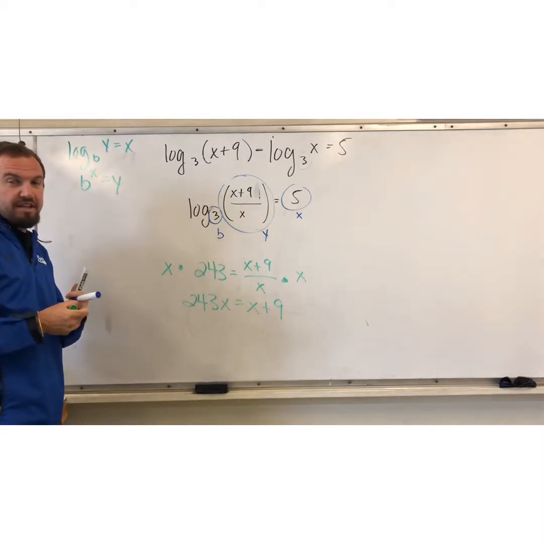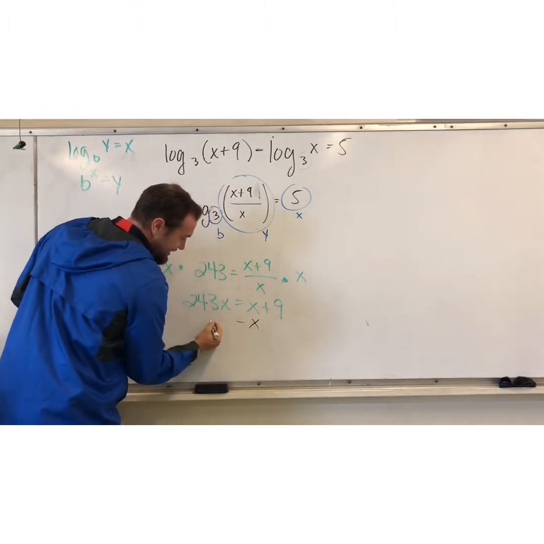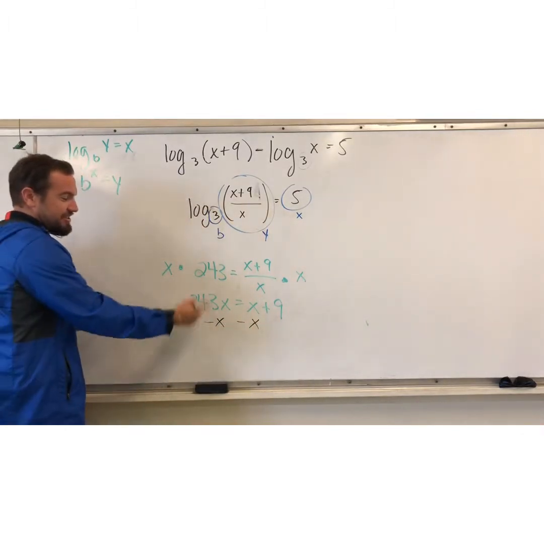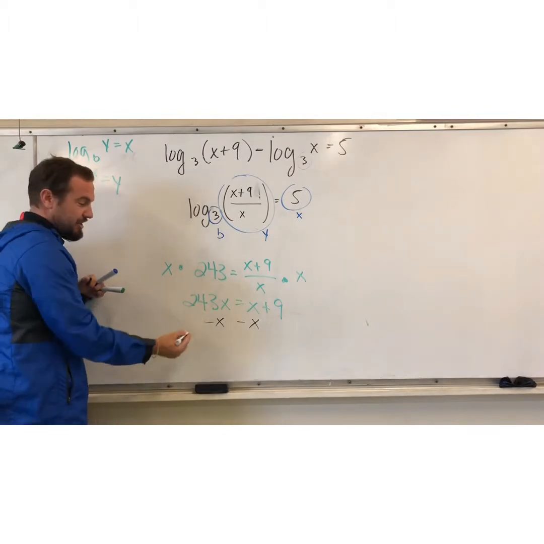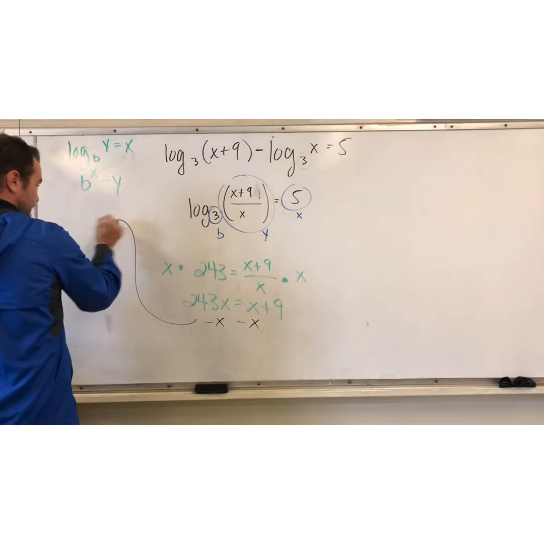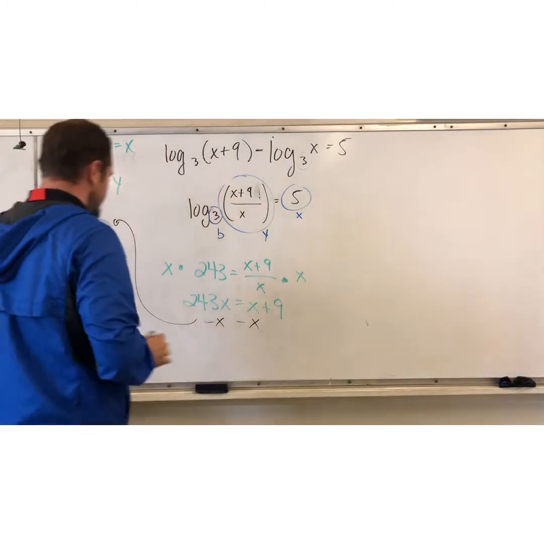Now if you're subtracting an x from 243x, this does not become 243 without the x. It becomes 242x is equal to 9.